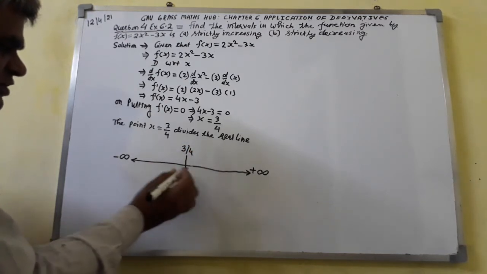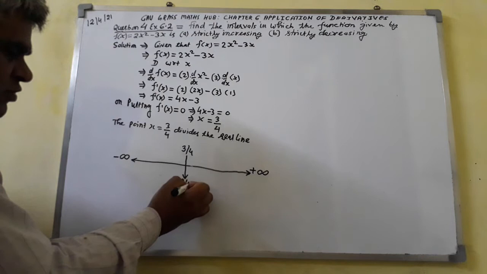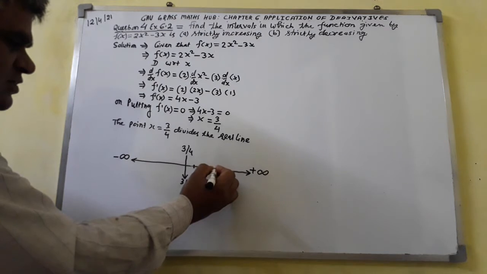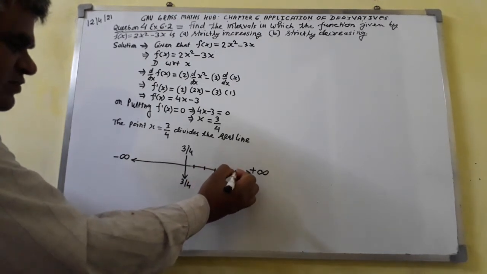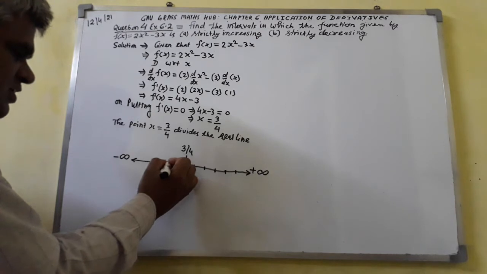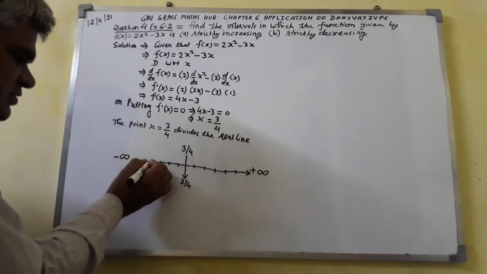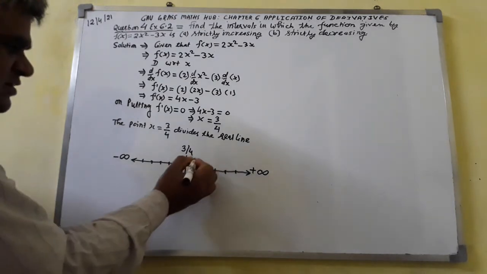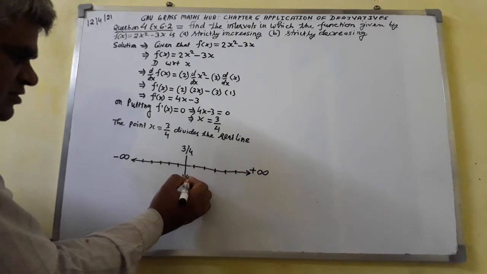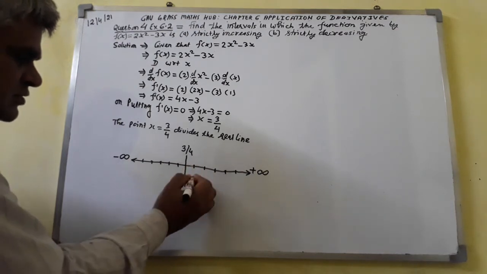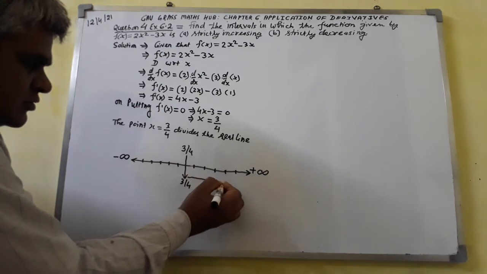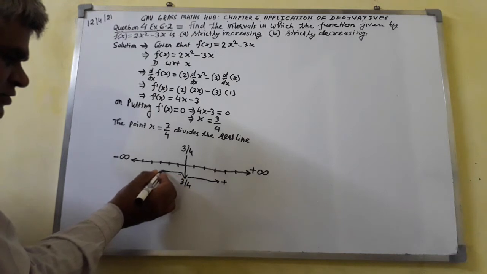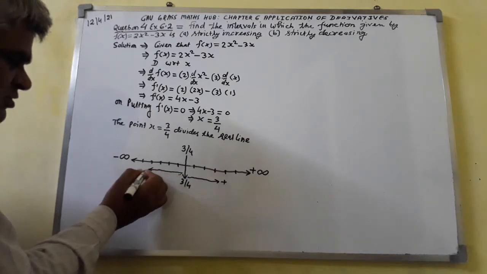Make a divider here just like a number line. From this place to this place it goes positive, and from this place to this place it goes negative.